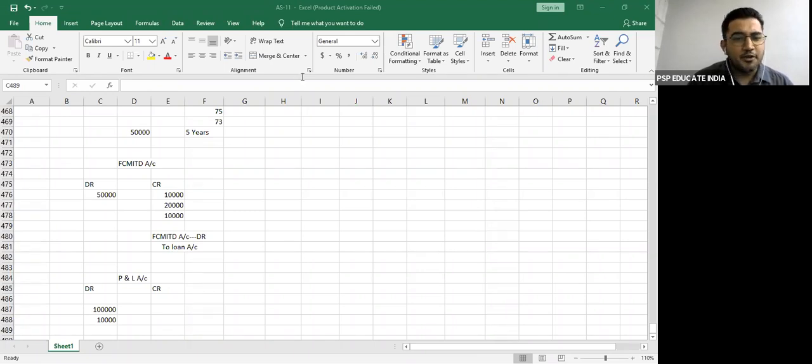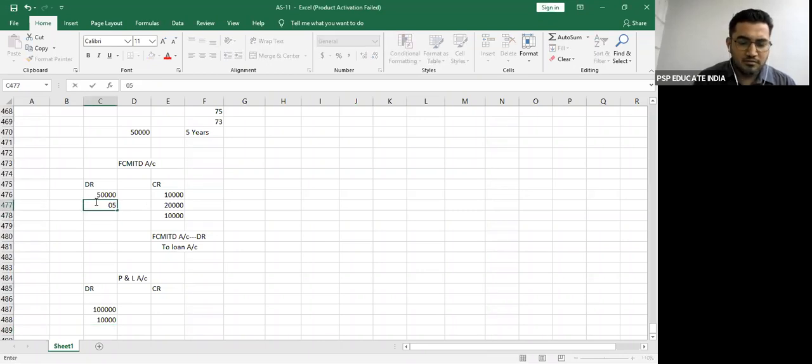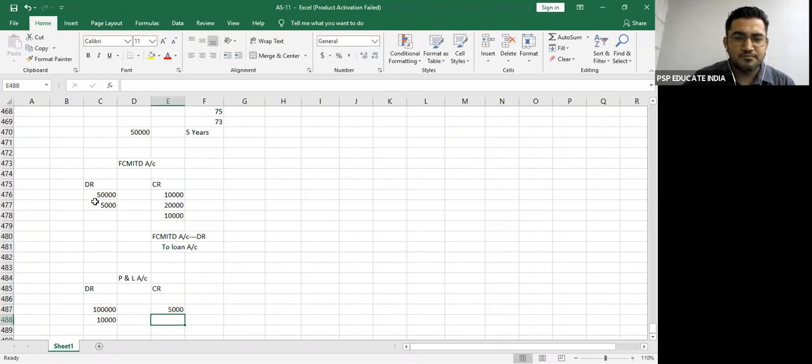Okay, remaining tenure is 4 years. So per annum, how much will you transfer to the PNL? Per annum, how much will go to the PNL in terms of 20,000? So this will be the entry. 5,000. You will debit FCMI TD account and 5,000 you will credit the profit and loss account.